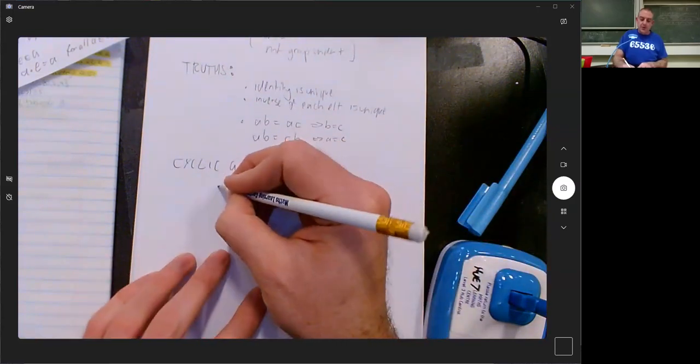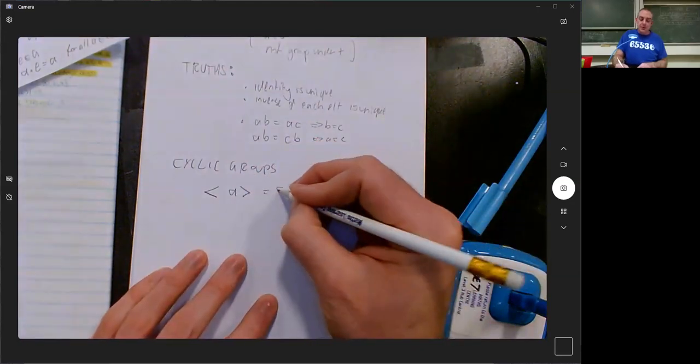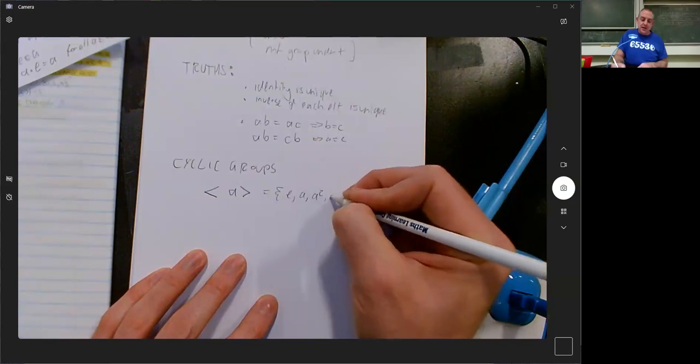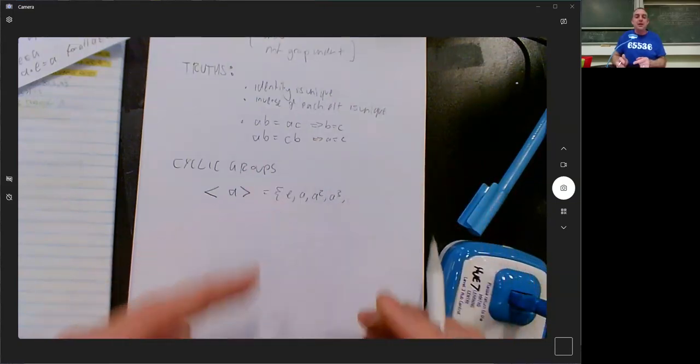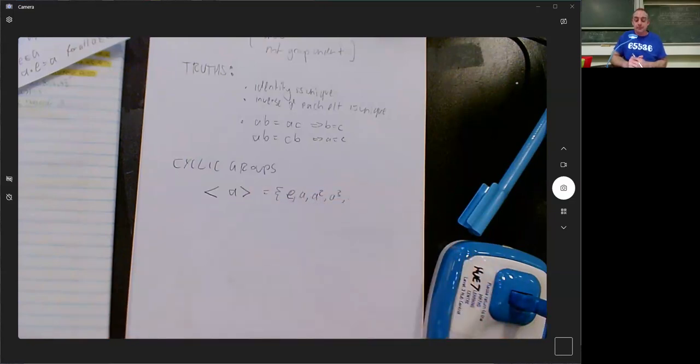So cyclic groups, you're telling me, are this sort of thing. And so that is the identity and A times A and A times A times A and so on until hopefully you get back to the beginning, but it could possibly go forever. Yeah, okay.